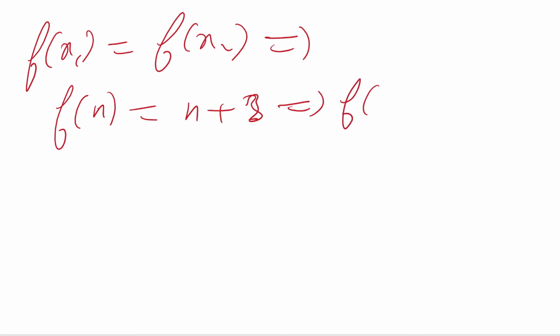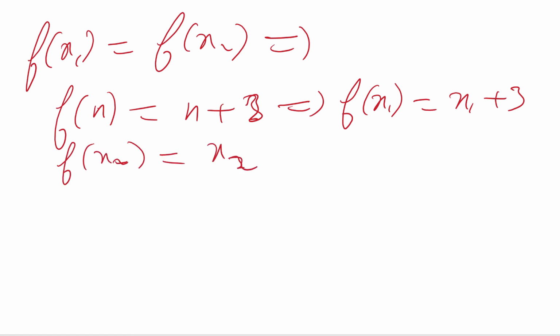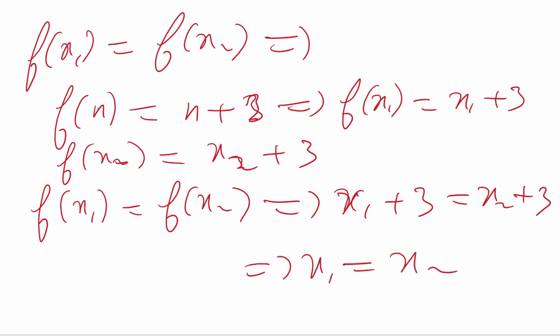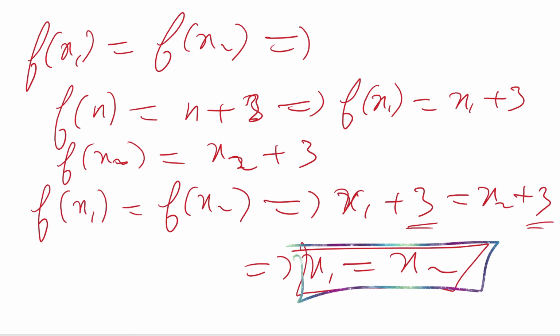This implies f of x1 equal to x1 plus 3. Similarly, f of x2 is going to be x2 plus 3. So now if you say f of x1 equal to f of x2, this implies x1 plus 3 equal to x2 plus 3. Then this implies x1 equal to x2, because you can just cancel out the 3 and get this, right? So this is a simple proof to show that the function is one-to-one.